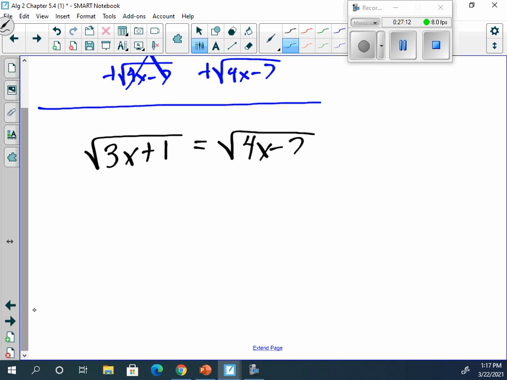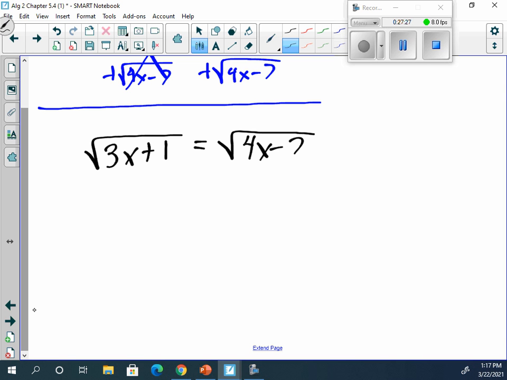And by doing that, we get the square root of 3x plus 1 is equal to the square root of 4x minus 7. Any questions on any of this here so far? We good with this here?